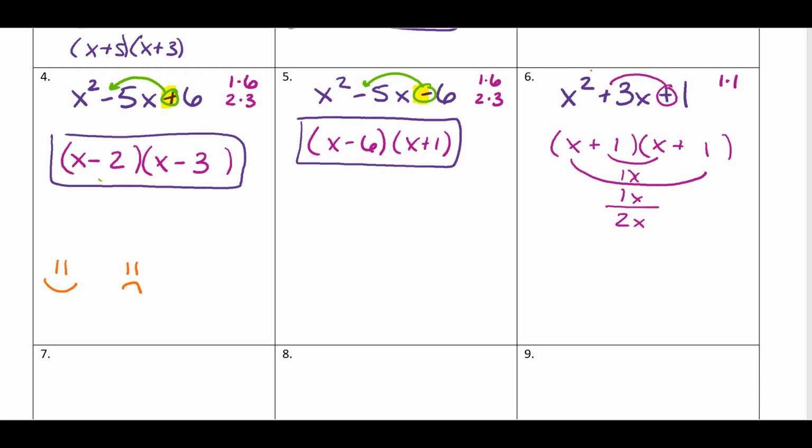Now you might think I made a mistake. I didn't. Not everything is factorable. So this doesn't work. And because this doesn't work, that means that this polynomial is prime. Prime simply means that it will not factor.